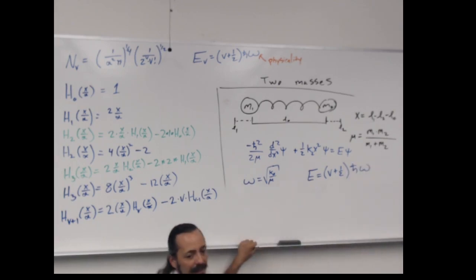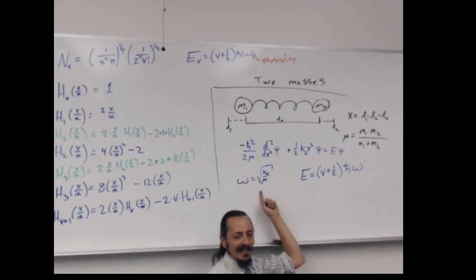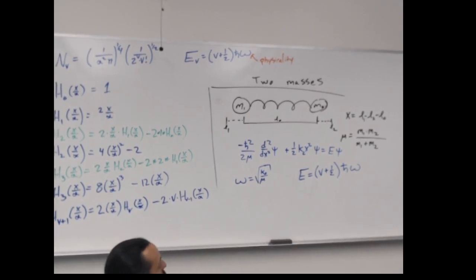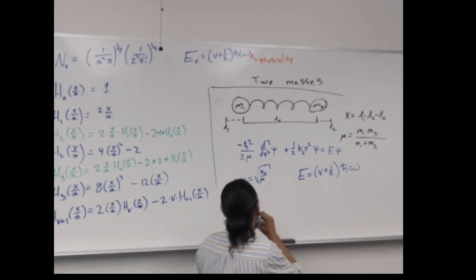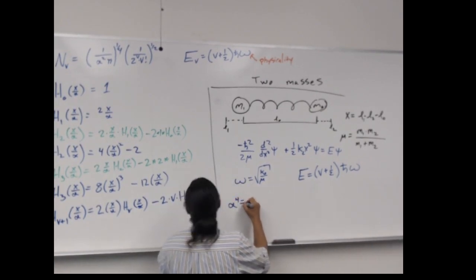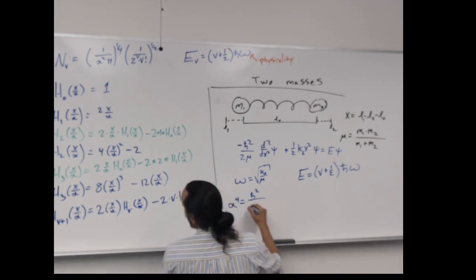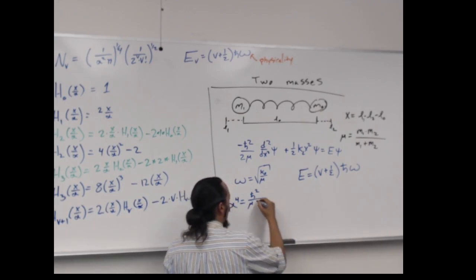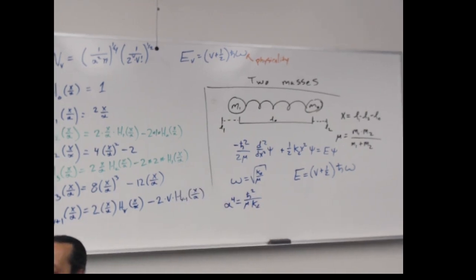Our energy ends up having the same equation associated with it, but the omega has a slightly different meaning to it. That's where the physicality of the problem is hidden again. Our wave functions all look the same. Our alpha, this m just becomes a reduced mass, and you end up with the exact same thing, right? Our alpha to the 4th ends up equaling h bar squared over reduced mass, force constant. And then everything else comes out the same after we do that slight redefinition.